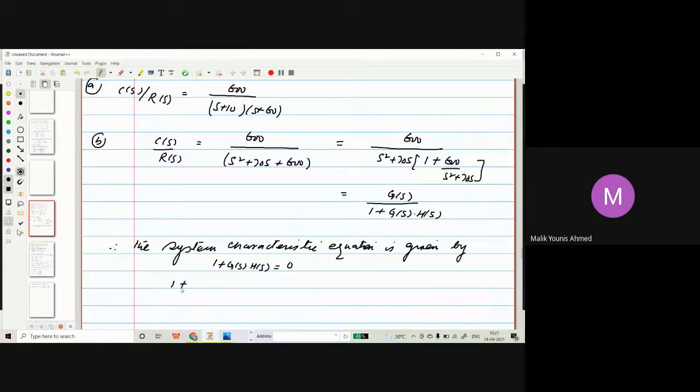So 1 plus g of s, h of s is equal to what? g of s आपका ये है और h of s आपका 1 है. 600 g of s यही है आपका. s स्क्वायर प्लस 70s, h of s आपका 1 है. तो दैट विल बी इक्वल टू 0.